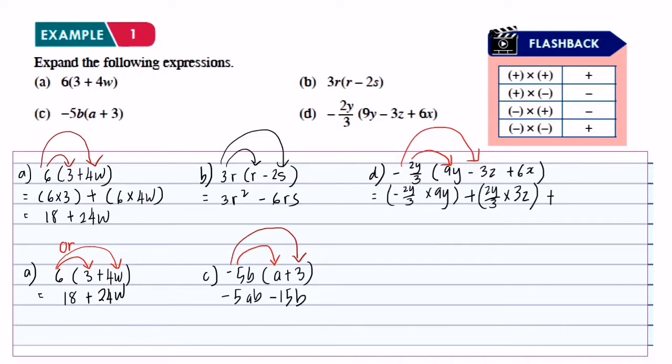Plus, we write as negative 2y over 3 times 6s.